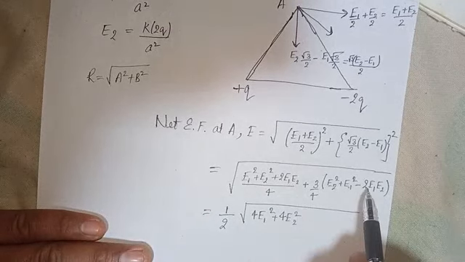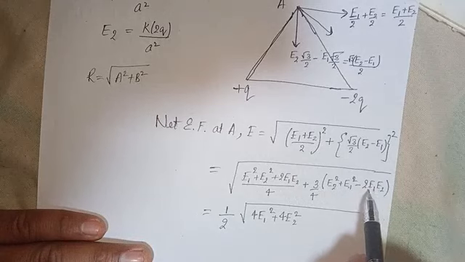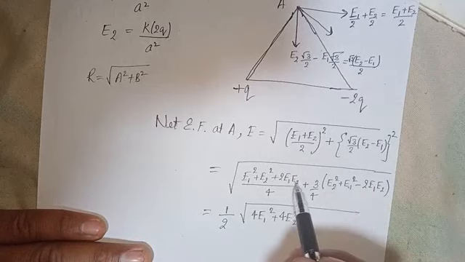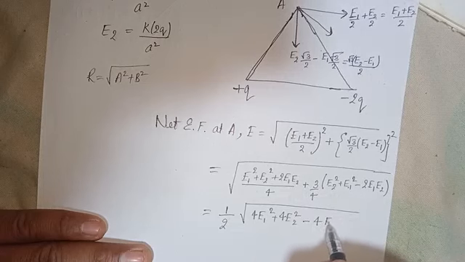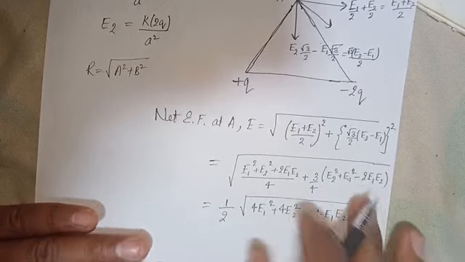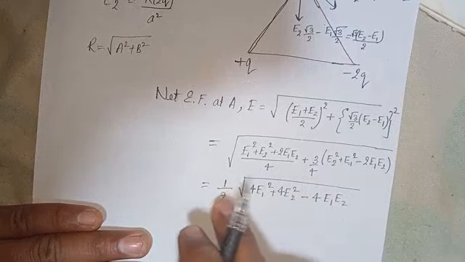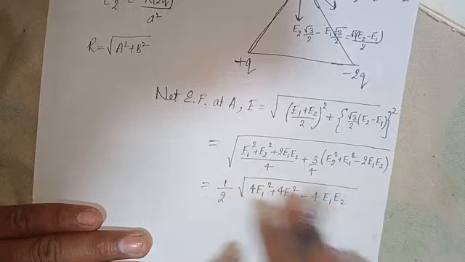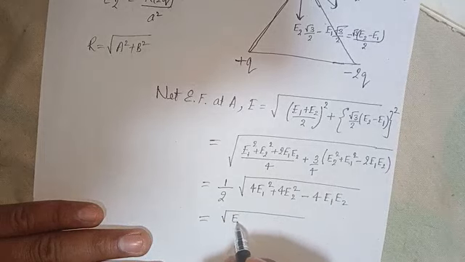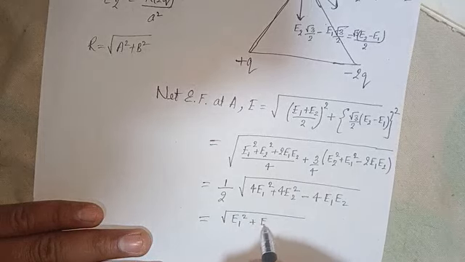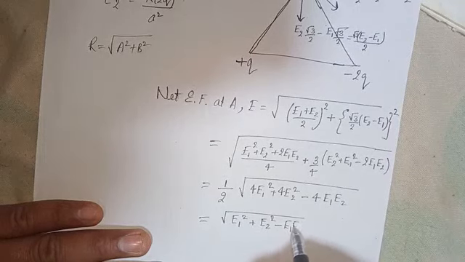And 2 E1 E2 minus 6 E1 E2 plus 2 E1 E2 minus 4 E1 E2. So when we take 4 common, because of this root, this 4 becomes 2, and this 2 and this 2 cancel out, and we get root of E1 square plus E2 square minus E1 E2.